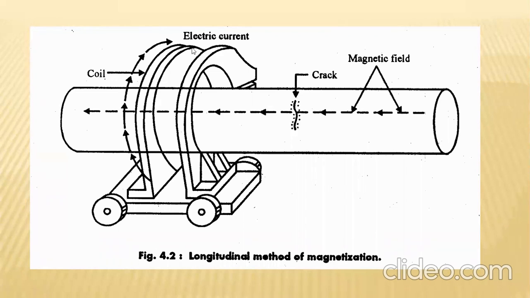So when the electricity is passed over there, the circular orientation of this electrical capability will take place, and the magnetic field will be generated from one pole to the other, from the north pole to the south pole commonly. And where the crack has been identified, the flux deviation will take place.